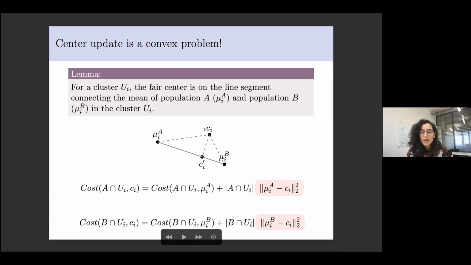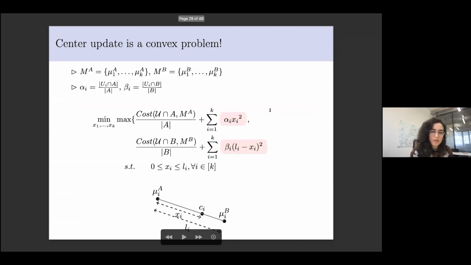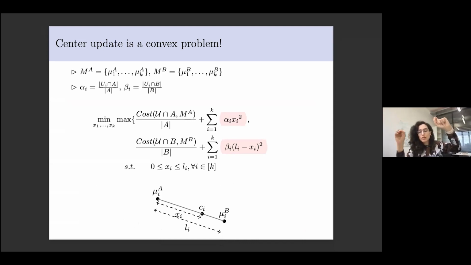If C_i is the fair center, now I project C_i to the line segment that connects these two averages. And you can see that both of these terms, you can reduce their value, and therefore you are reducing the maximum cost by using C prime_i instead of C_i.